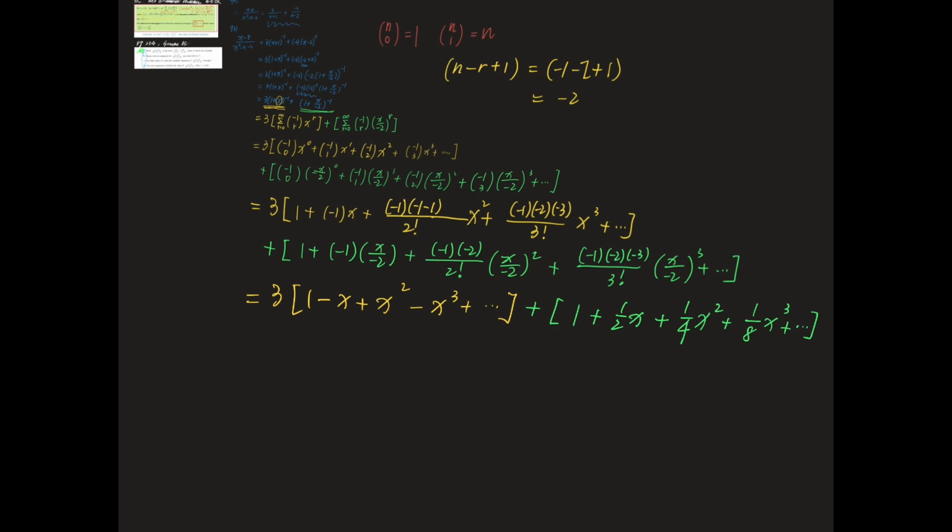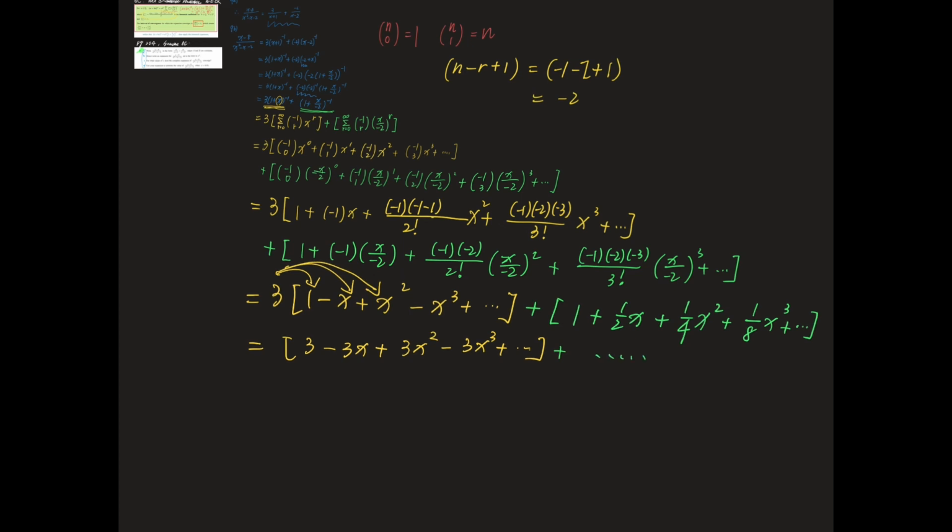Okay, and keep simplifying. We basically times 3 for each term inside. So the first section just becomes 3 minus 3x plus 3x squared minus 3x cubed, and this green section doesn't change.